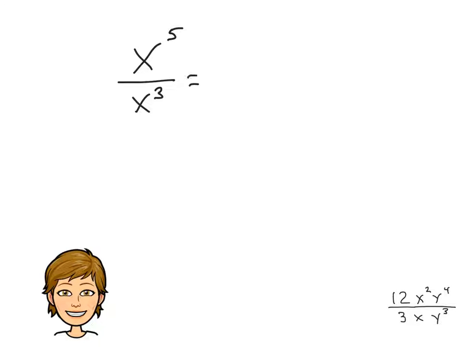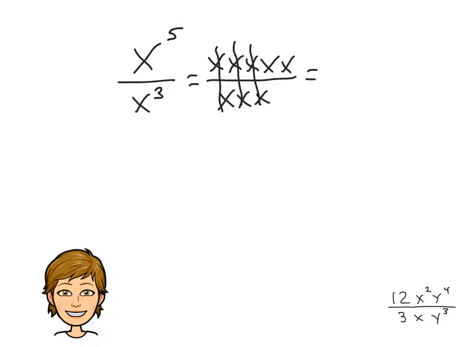So this equals x, x, x, x, and x, right? 1, 2, 3, 4, 5 over x, x, and x. Well, I can cross out the ones that we don't need, right? X over x, that cancels to 1, so that's gone. This one's gone. And that one's gone.